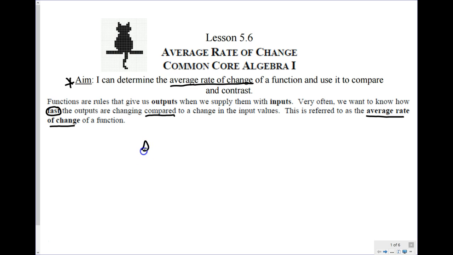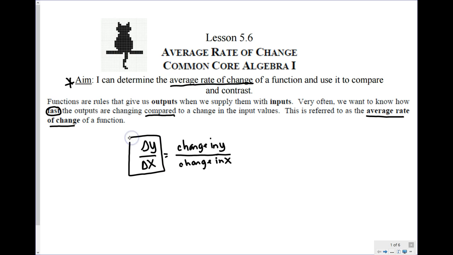And the way we write this is by saying the change in y over the change in x. Okay, now this seems a little confusing right now, but we're going to talk about it with a couple examples. But I need you to recognize that when I type this, change in y over change in x, I am talking about the rate of change.